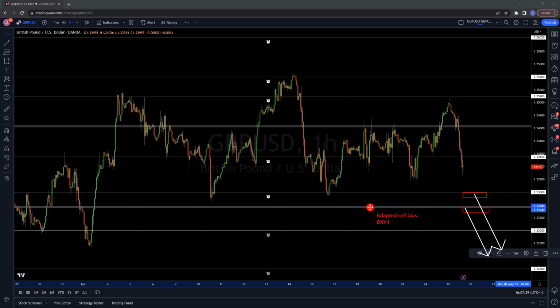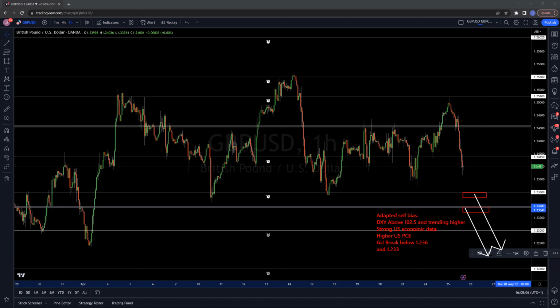Dollar above 102.5 and trending higher. Strong US economic data. Higher US inflation. GU break below 1.236 and 1.233.